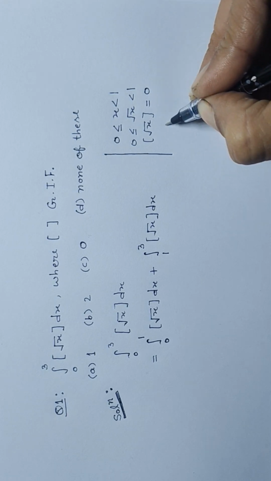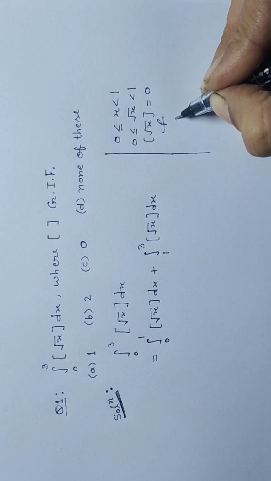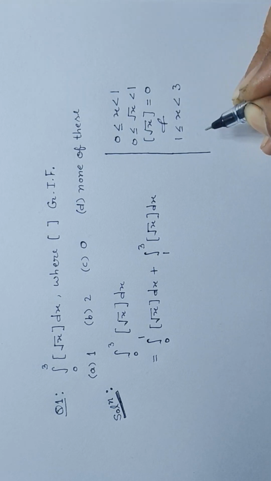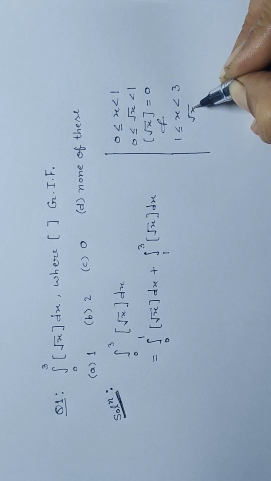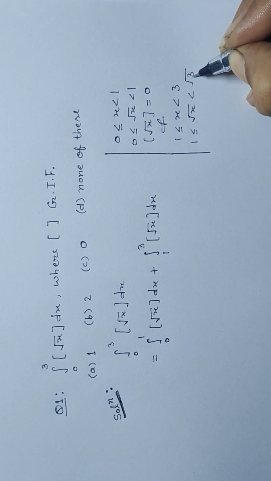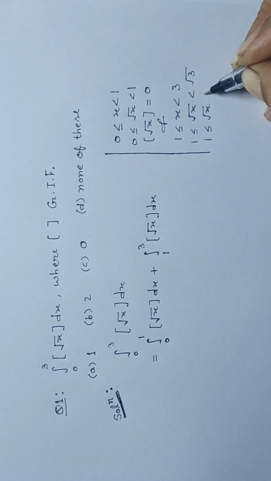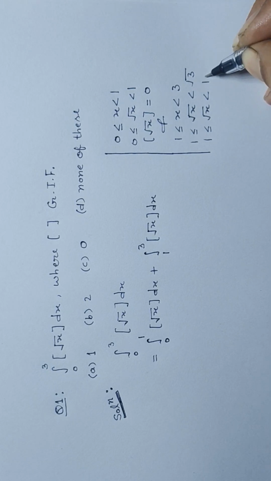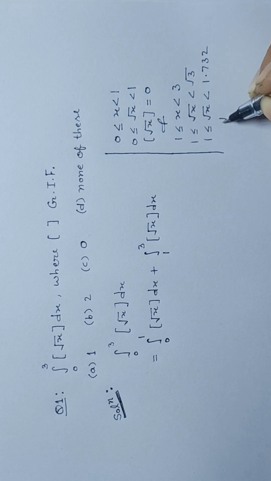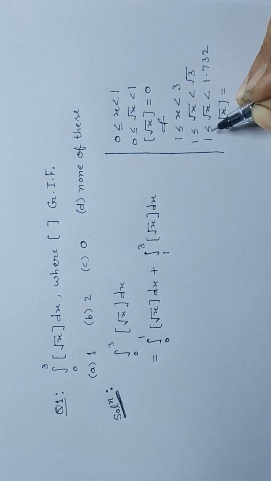And similarly, if x lies between 1 to 3, then the square root lies between 1 to root 3, that is 1.732. So the greatest integer of root x is equal to 1.